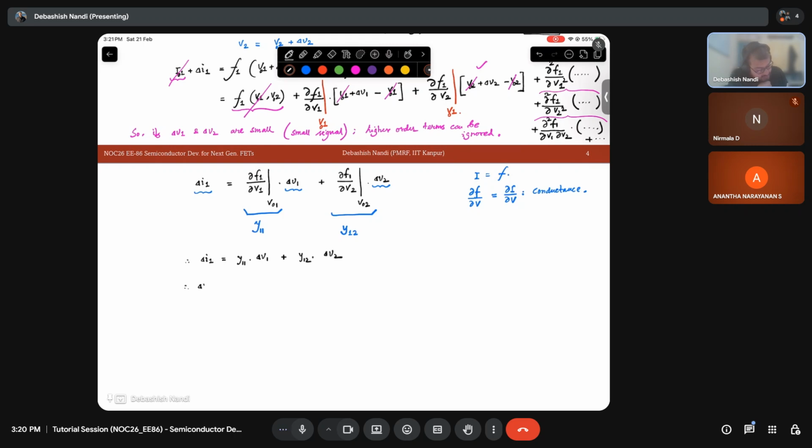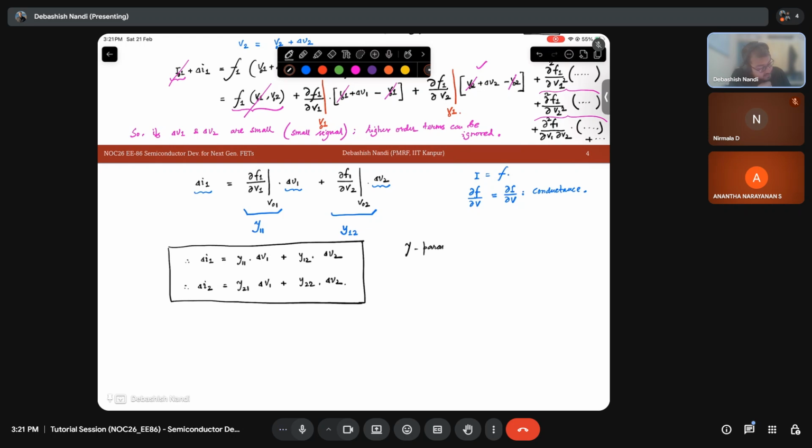Similarly, you can compute delta I2 as Y21 times delta V1 plus Y22 times delta V2. So what have we seen? That these Y parameters are small signal parameters.